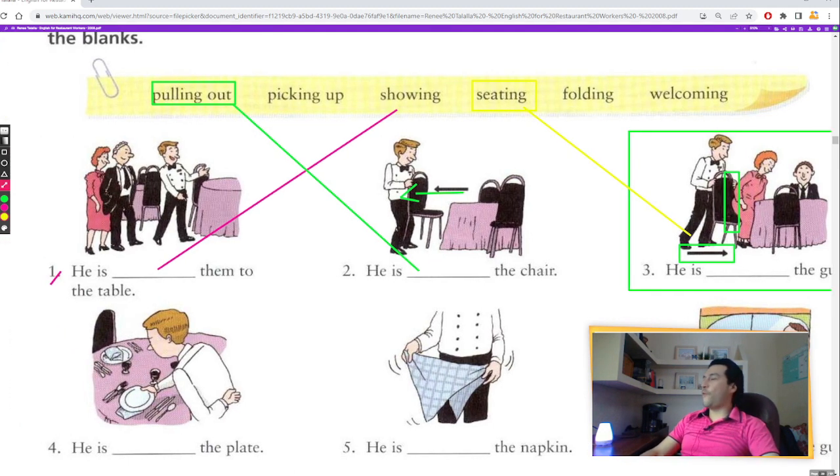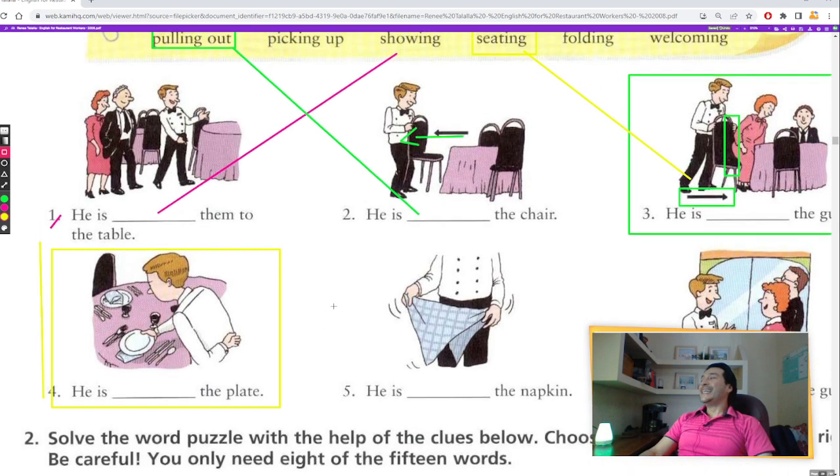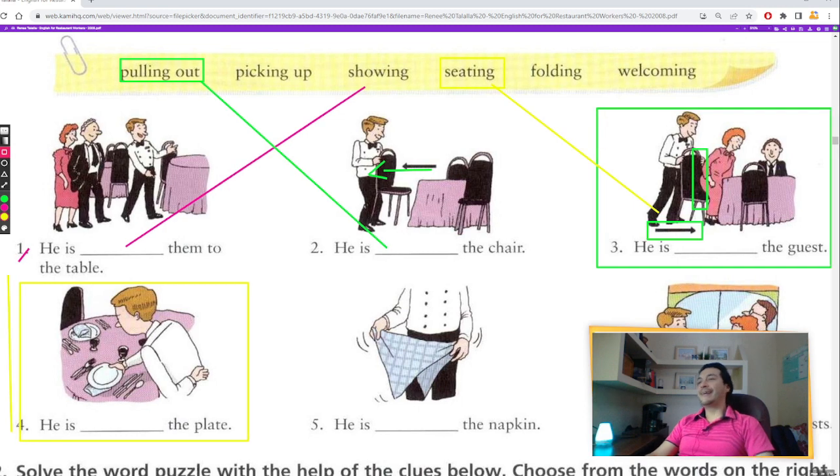Now, number 4. What's going on in number 4? He is blank the plate. He is blank the plate.